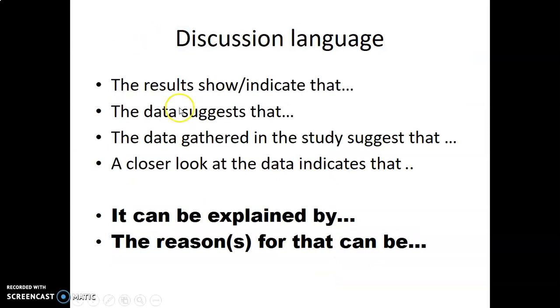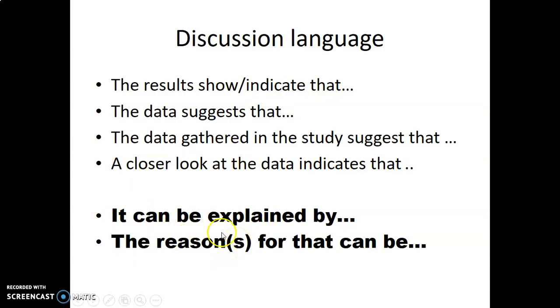All right, here is what I want to draw your attention to: the language you use in the discussion part. When you talk about results, you can use these four phrases. And then when you explain the results, you can use these too.